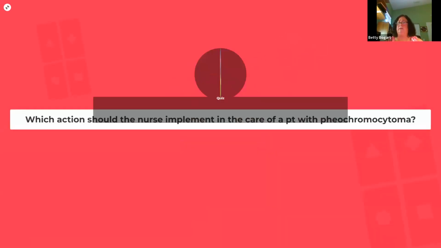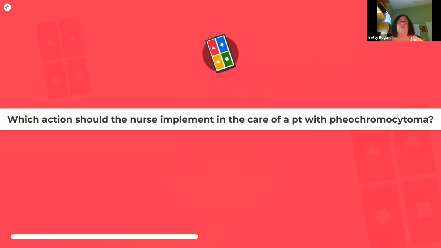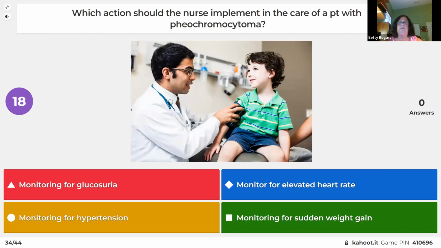A multi-select. What action should the nurse implement in the care of a patient with a pheochromocytoma? So this patient's coming in for this removal. What is your plan of care? What should you be doing for this child? What are all the side effects of pheochromocytoma?